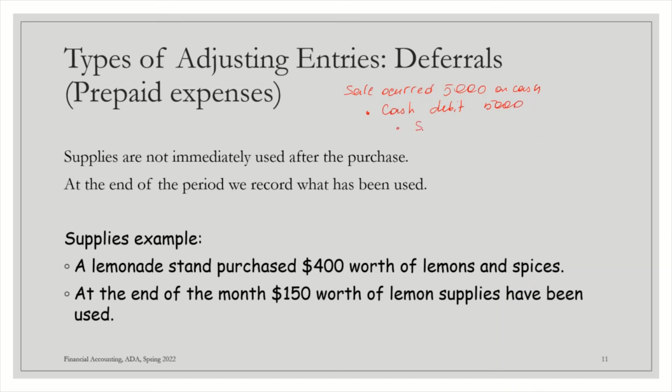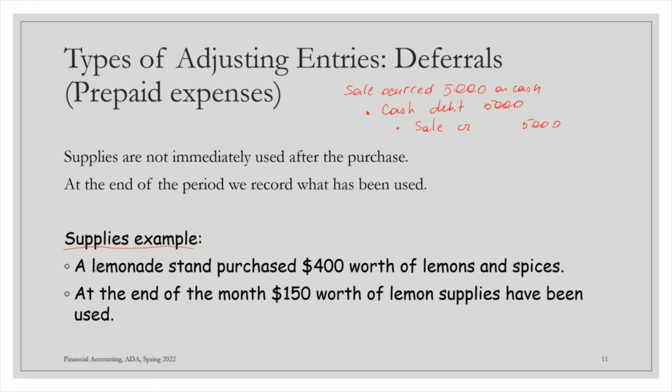We record the sales account as a credit of 5,000. However, we sold inventory, and at the moment of this sale we don't record it yet. We don't deal with the supplies account changes.